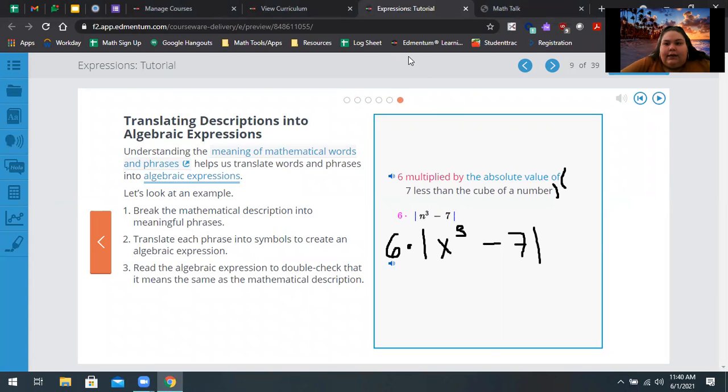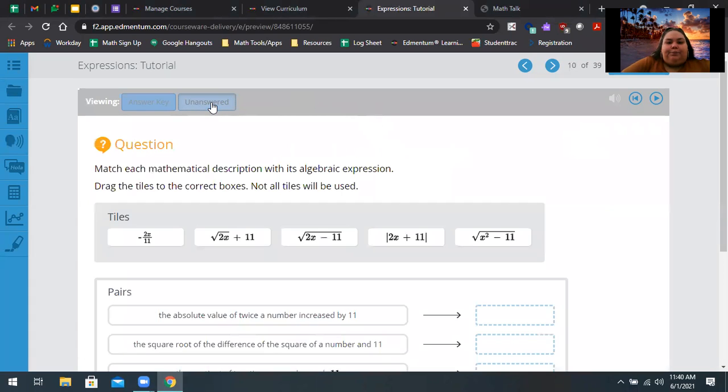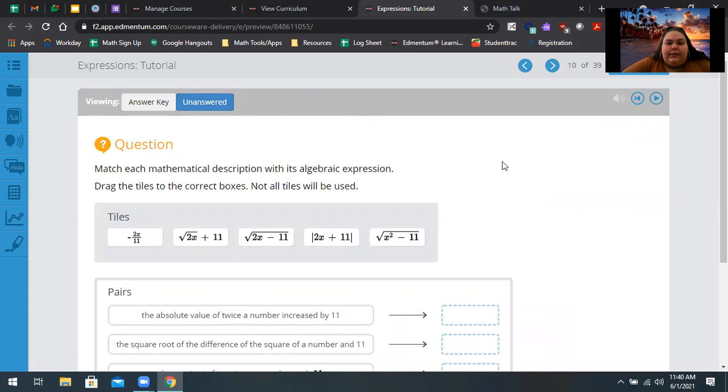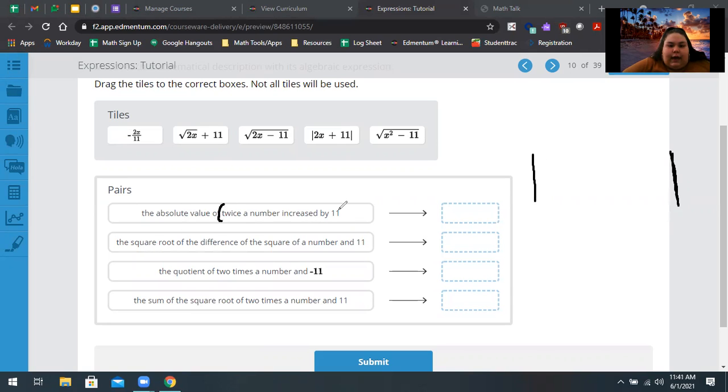So let's take a look at the next slide, on slide 10. Here we're given some examples of verbal descriptions, and we're going to match them up. So it says the absolute value of. Absolute value, again, we know we have these two absolute value signs right here. After the word of, that's going to go inside my absolute value. Twice a number.